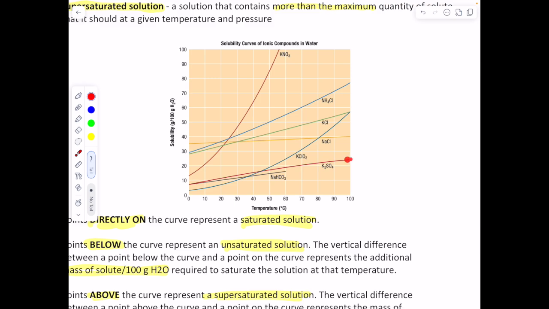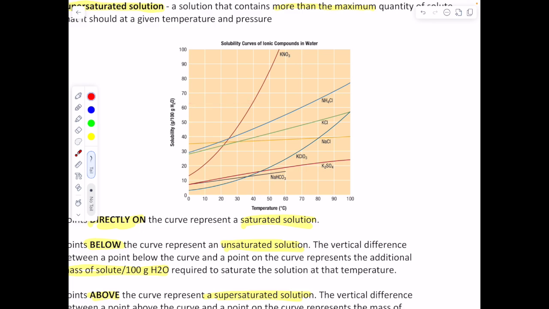This is the curve for potassium nitrate. And at 40 degrees, in order to be a saturated solution, you would have to have roughly 65 grams per 100 grams of water.